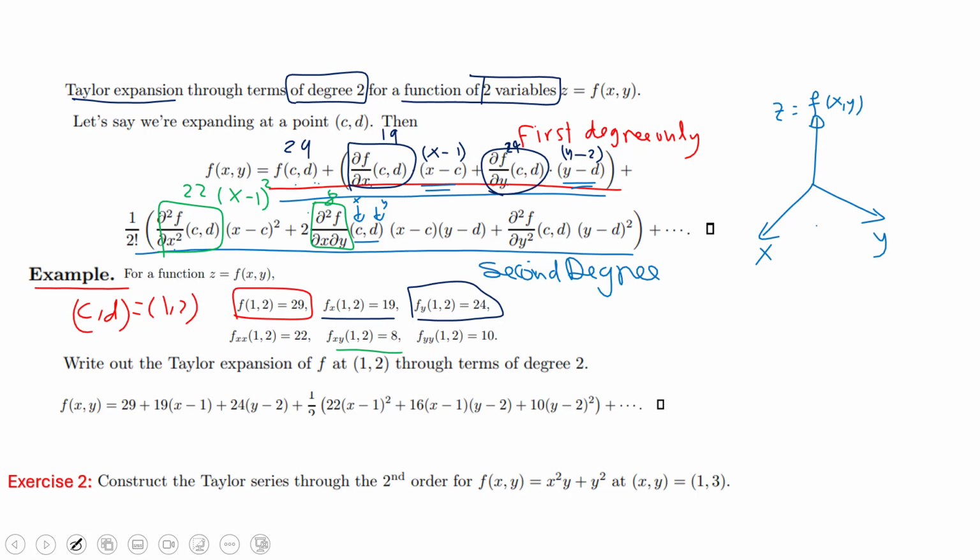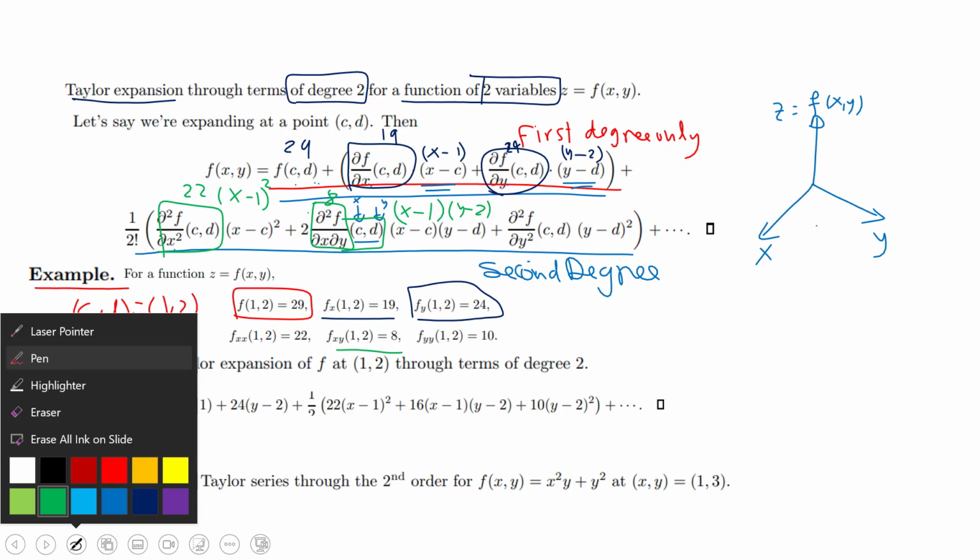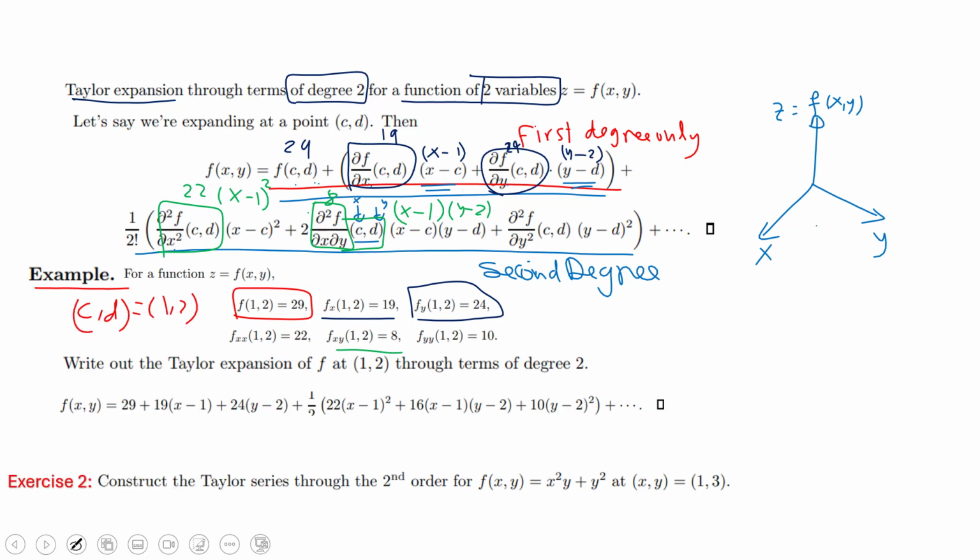Okay. c and d, I got this one, right? x minus 1, y minus 2. I'm just plugging in the values, right? You are lucky because in this case, he gave you the values. He didn't ask you to differentiate and substitute, right?